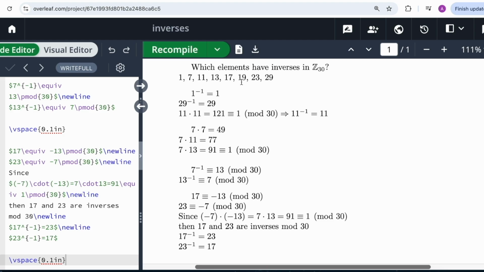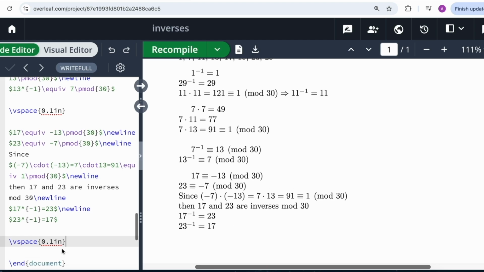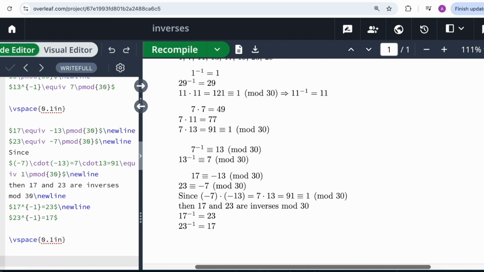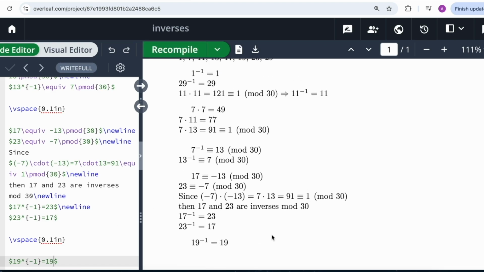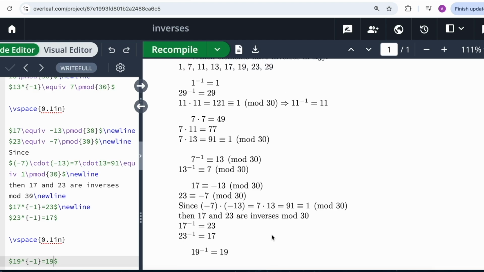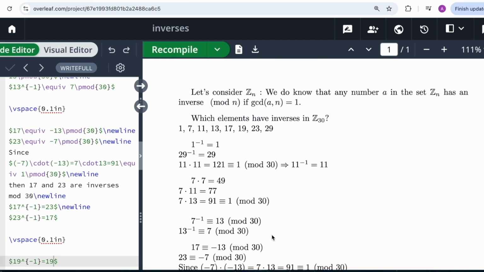So 19 has to work alone too. So the only thing left for 19 to partner up with is 19. So 19 inverse, just by process of elimination, has to be 19. It's the only possibility for what 19 can partner up with from here. So then we have our complete list of what all of the inverses are, mod 30.